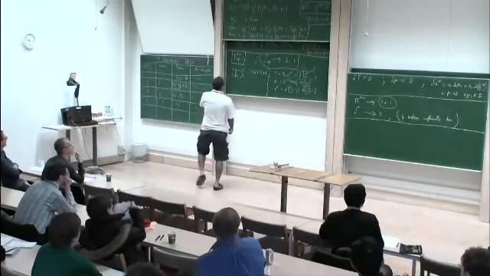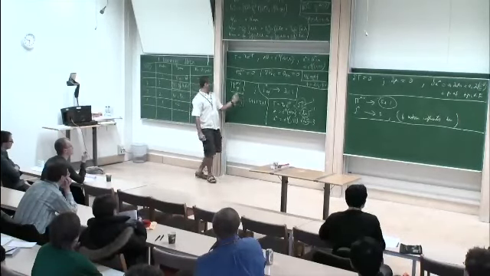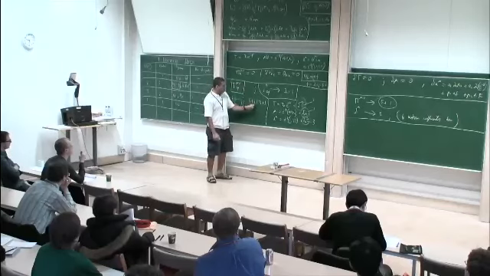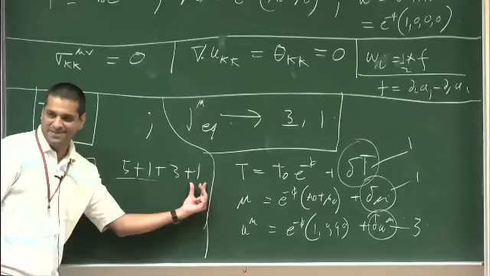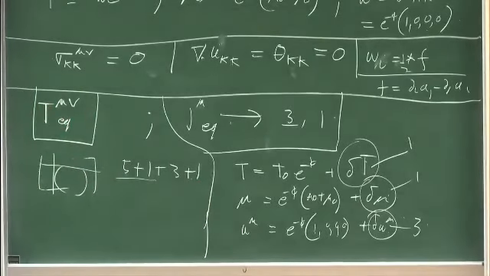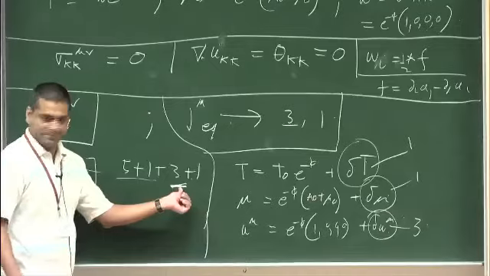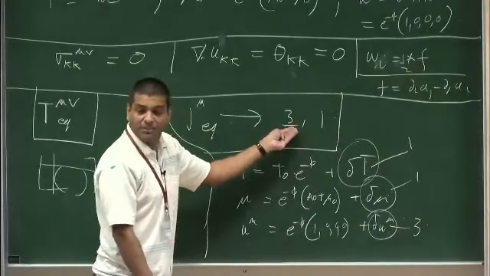How many equations did we have? The stress tensor had a 5, a 1, a 3, and a 1. But the equations in the 5 and the 1 are empty, because there are no 5s and no 1s that are non-vanishing in equilibrium. But the 3 was non-empty. Similarly, the charge current had a 3 and a 1. The equation in the 1 was empty, but the equation in the 3 was non-empty.